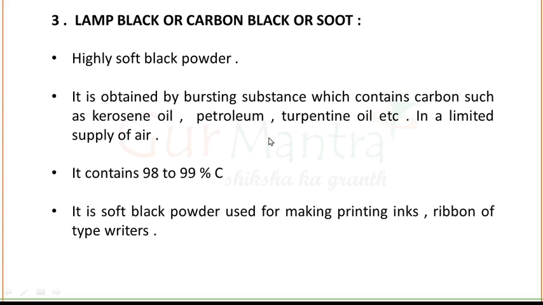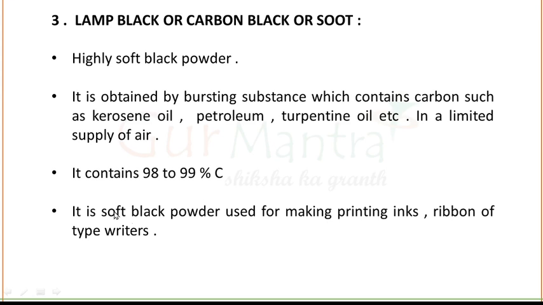Carbon black is a form of paracrystalline carbon that has a high surface area to volume ratio, albeit lower than that of activated carbon. It contains 98 to 99% of carbon.